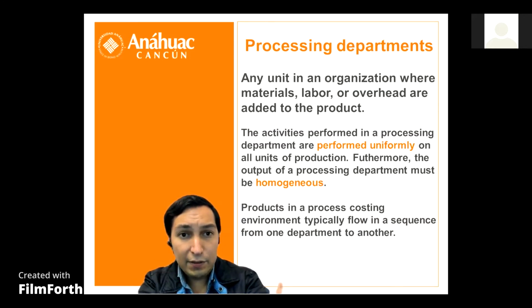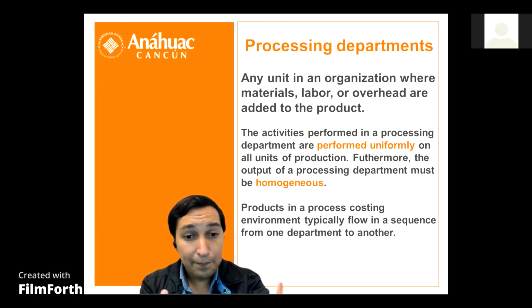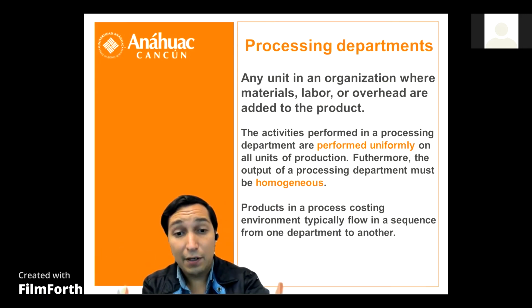In a process costing system, you need to be aware of what a department is, and that's any unit in the organization where materials, labor, or overhead are added to the product, and the activities in a department are performed uniformly.